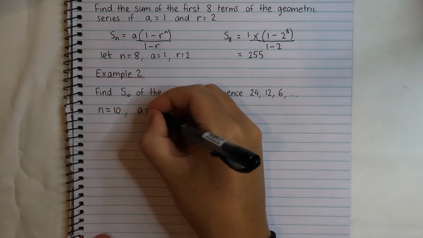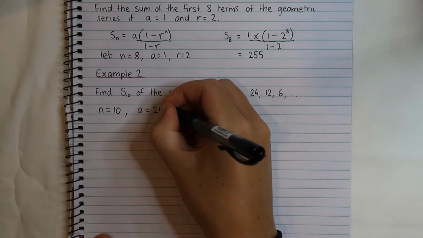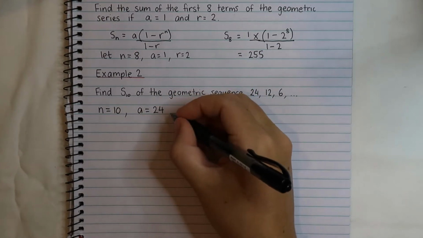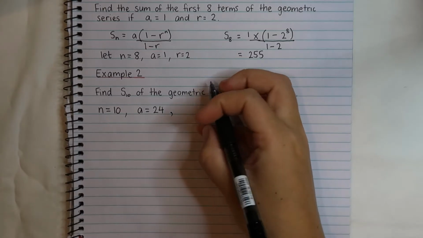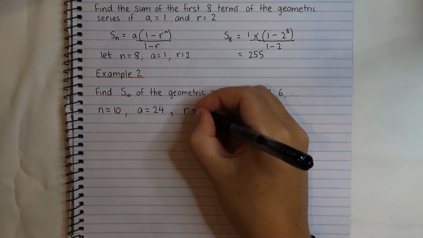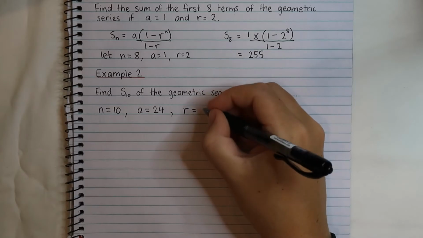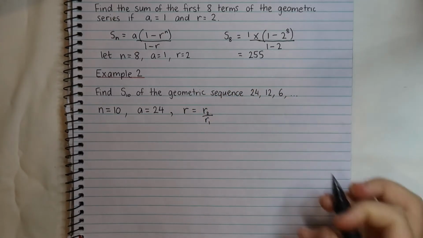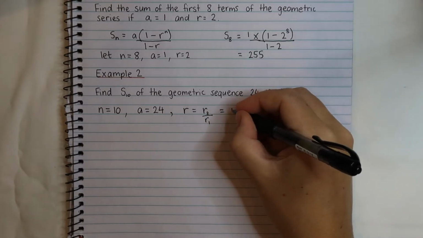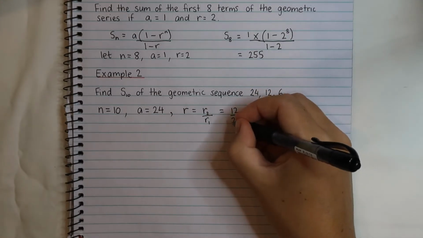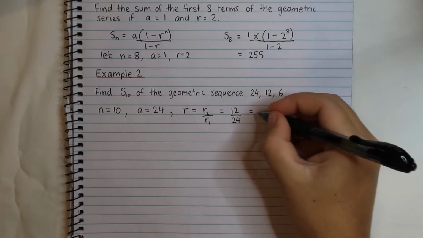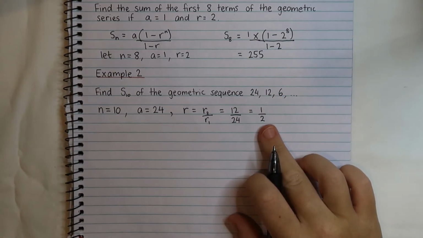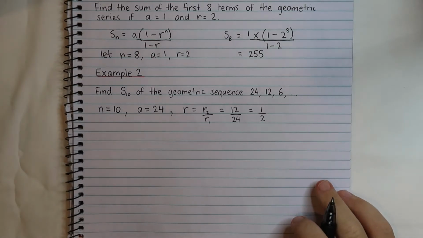So A is going to be equal to 24. And now we need to find our common ratio. So remember, our ratio is equal to the second term divided by the first term. So in this case, it's going to be 12 divided by 24, which is equal to a half. So our common ratio in this question is going to be a half.